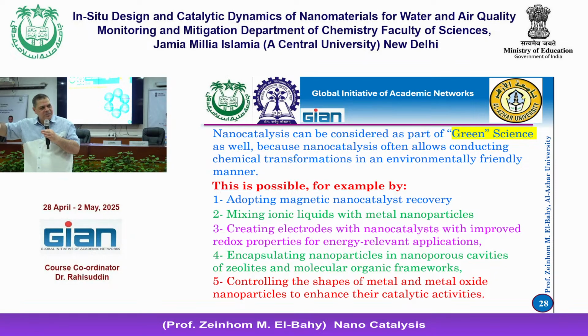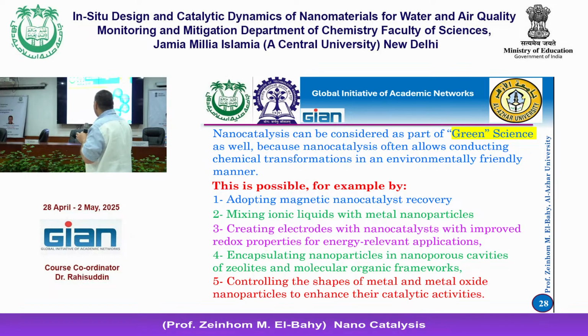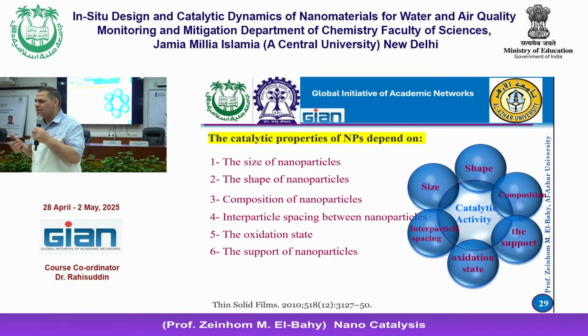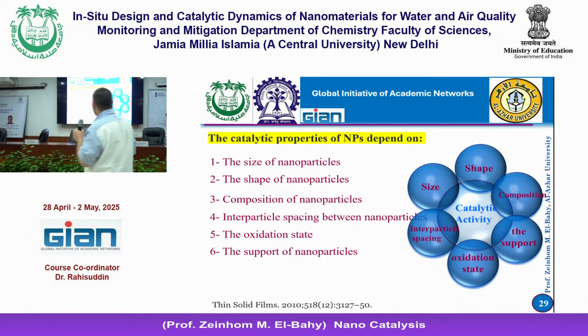If the space between the nanoparticles on the surface is large, it will give activity different from when these materials have less interparticle spacing. Then the oxidation state and the support of nanoparticles. All of these factors affect the activity of nanoparticles for any reaction. Let's take them one by one.